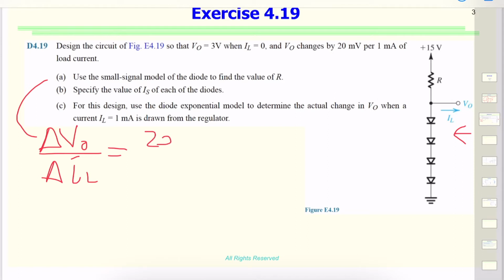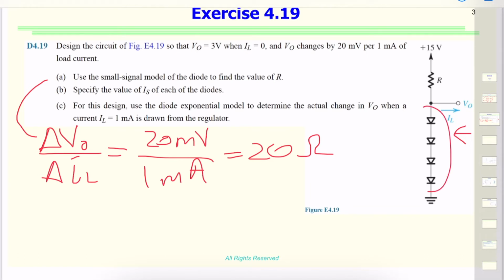So this is 20 millivolt, and this is changing for 1 milliamp of the load current. So this gives us a value of 20 ohms. So total small signal resistance of these 4 diodes is then 20 ohms.